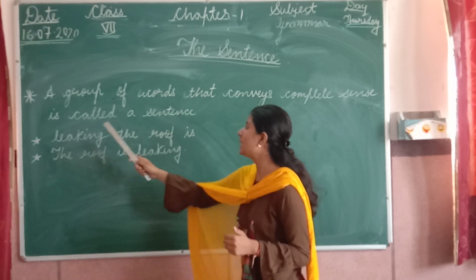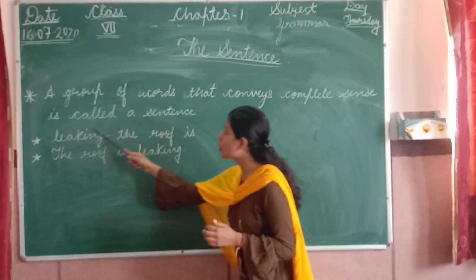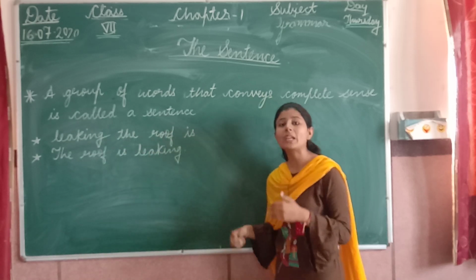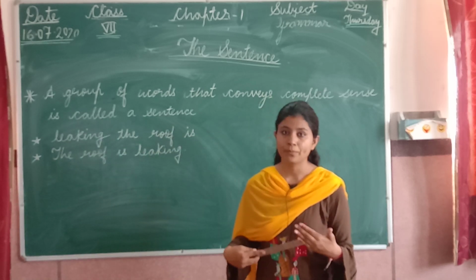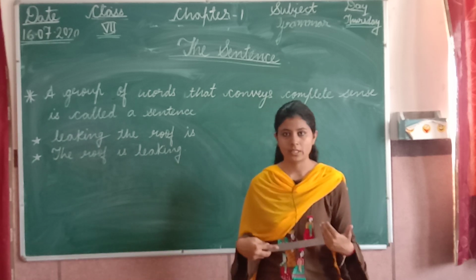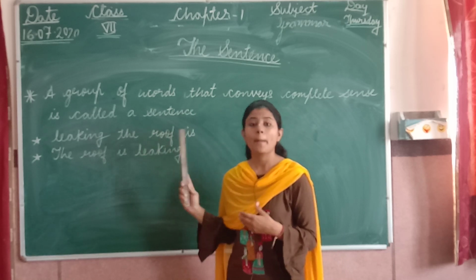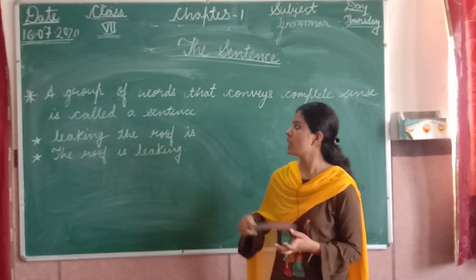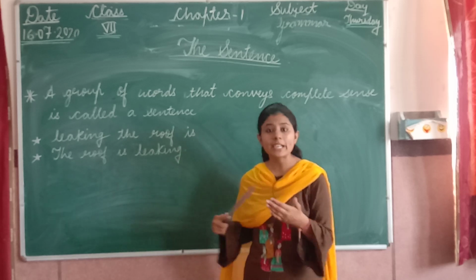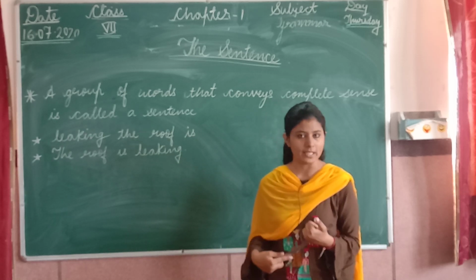First example is "licking the roof is". Students, this is a group of words which is not arranged properly or in the correct order. So this will not be called a sentence. But if I arrange this group of words in the correct order, then we can say that it is a sentence.